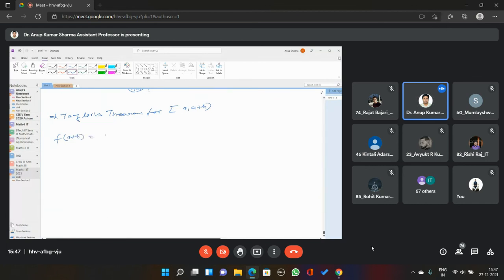The lower limit is a, and (a plus h) minus a is h. So f(a plus h) equals f(a) plus h upon factorial 1 f dash of a, plus h square upon factorial 2 f double dash of a, plus dot dot, plus h power n upon factorial n f n of a, plus Rn.